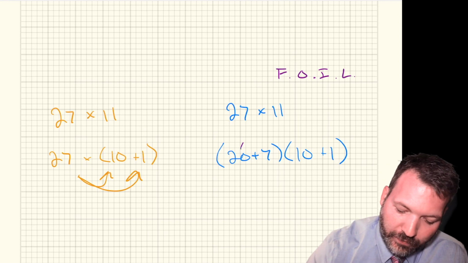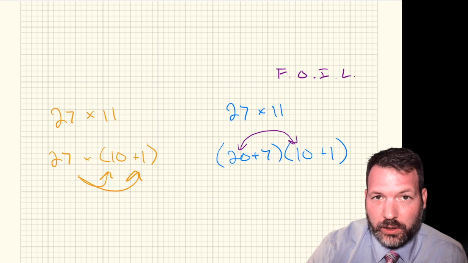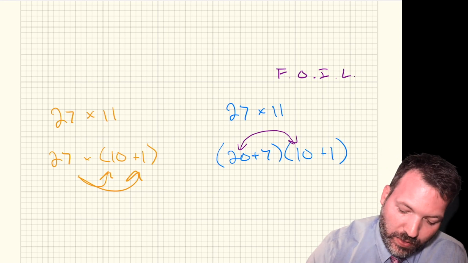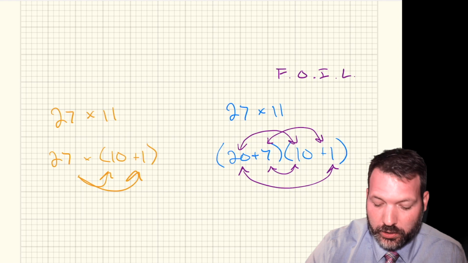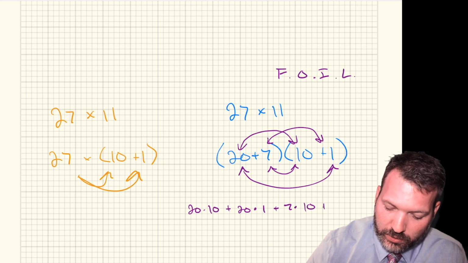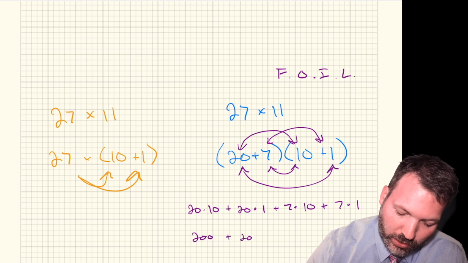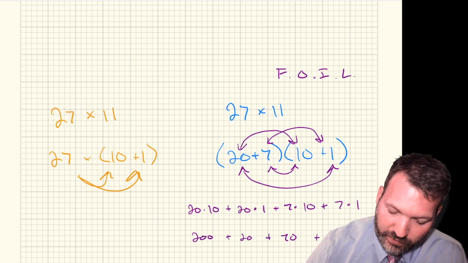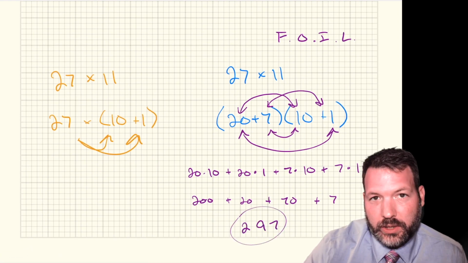The idea is, first we multiply the 20 times the 10, then we multiply the outsides and the insides, and then we multiply the last part. So 20 times 10 plus outsides 20 times 1 plus insides 7 times 10 plus last 7 times 1. And of course we get 200 plus 20 plus 70 plus 7, or once we add everything together, 297.